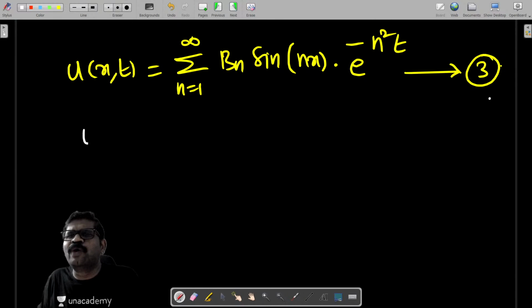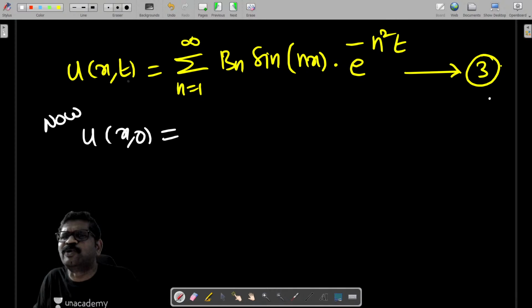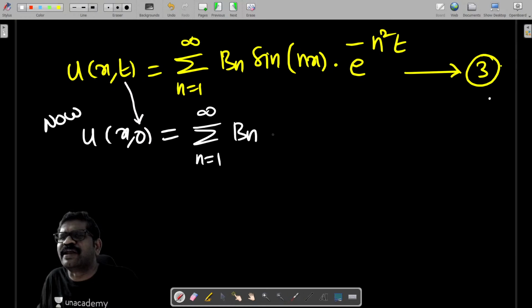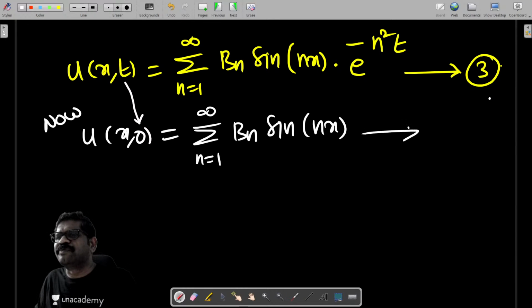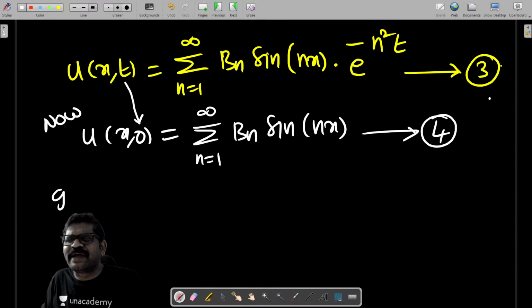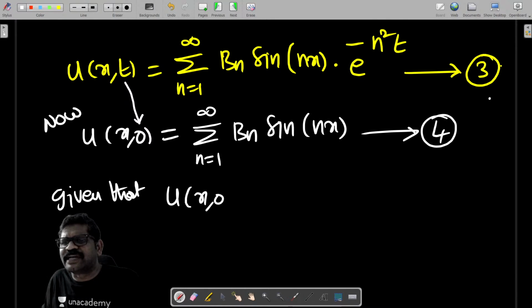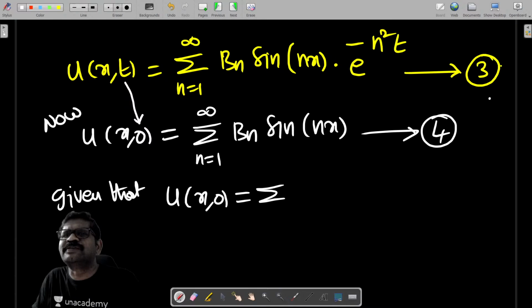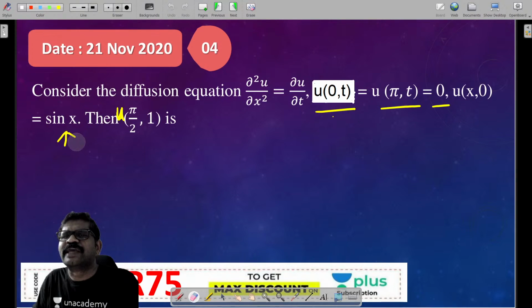Now u of x comma 0 is, in the place of t I am substituting 0. Then we will get sigma n equal to 1 to infinite bn sin nx. Called it equation 4. Given that in the data it is given that the initial condition u of x comma 0 is sin x.